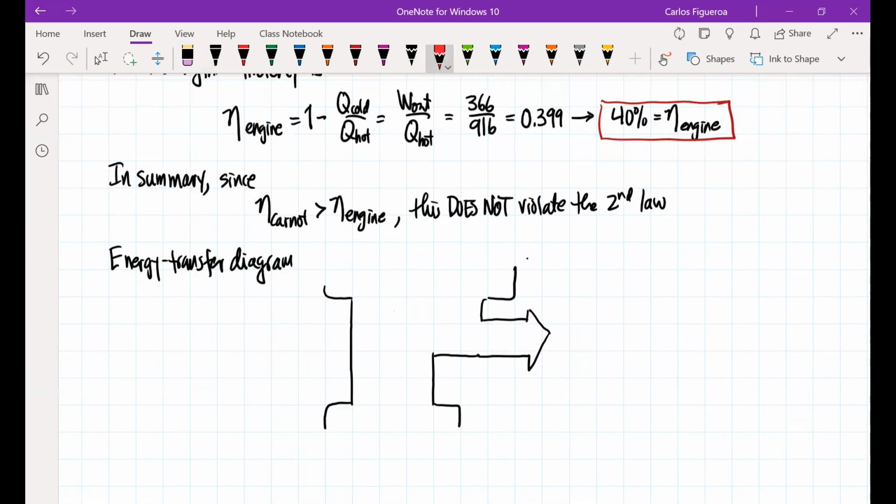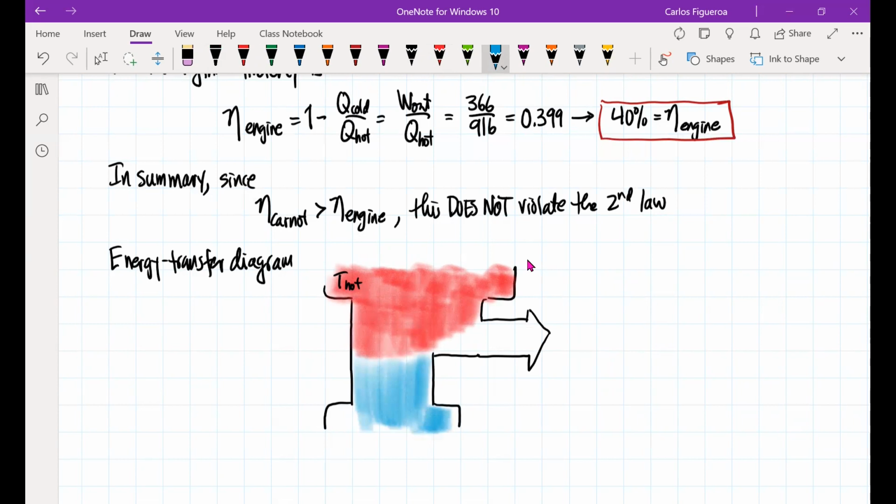So here's my hot reservoir, not my cold. This is my T hot, and then this here is my cold reservoir.